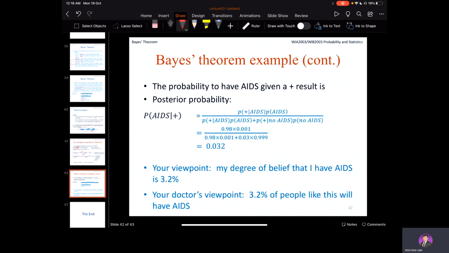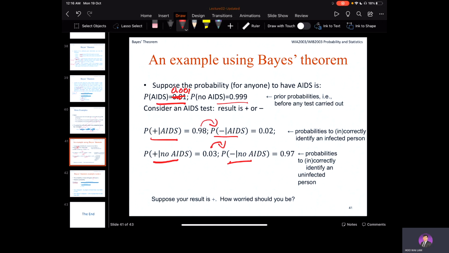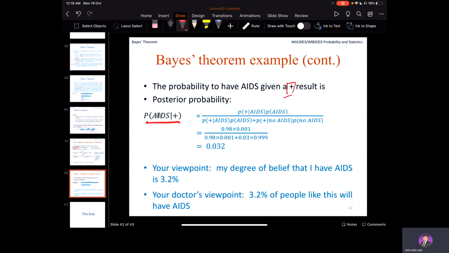The probability for you to have AIDS given a positive result: originally it is the probability of AIDS, the prior probability, and then you want to calculate the probability of AIDS given positive. So right now you are considering a posterior probability, knowing that the patient got a positive test.